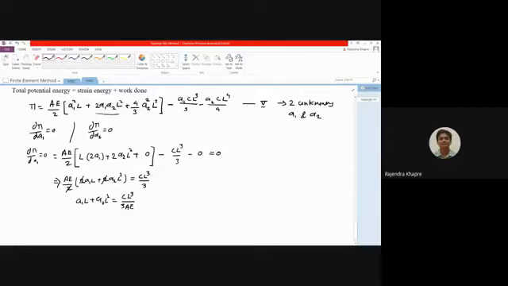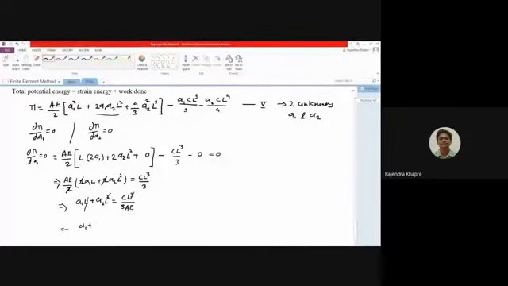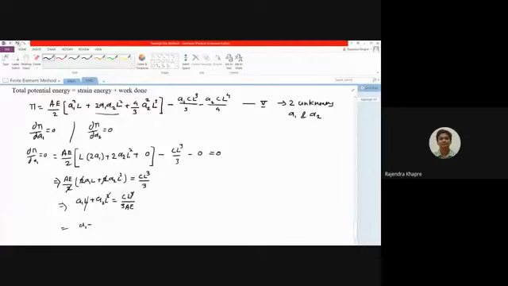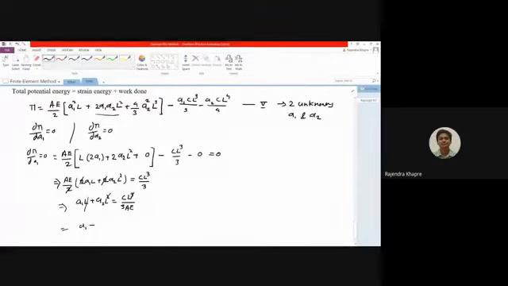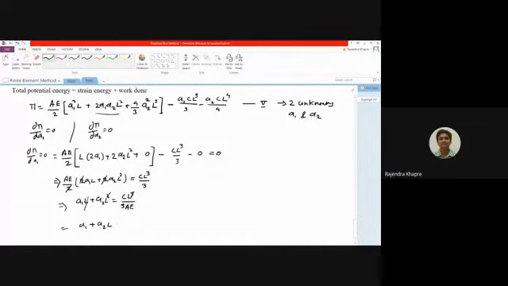You can take this L outside, so this L will cancel, this L will cancel, and this L will cancel. So you can rewrite this as a1 plus a2 into L. Sorry, not L square, only L will be there, and this equals c L to the power 2 divided by 3 times A into E. So let us call this expression number A. This is a more simplified way, and this expression can be obtained by just taking the derivative of the total potential energy with respect to a1.